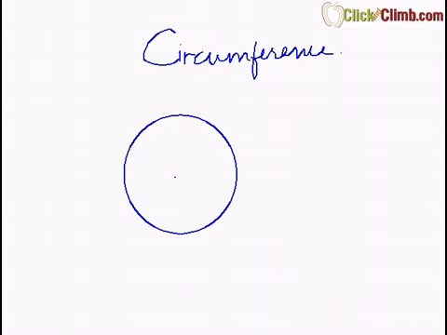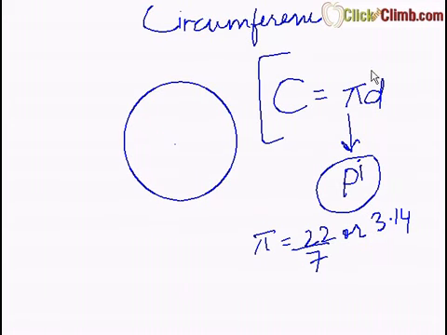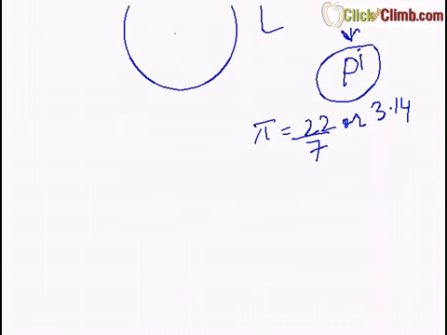This is our circle, and the formula to find the circumference of a circle is C, that's the circumference, equals pi d, where this is pi. The value of pi is 22 over 7, or we can also say 3.14. So this is the formula to find the circumference of a circle.